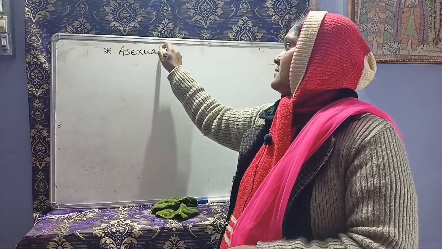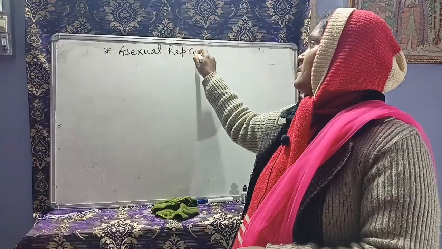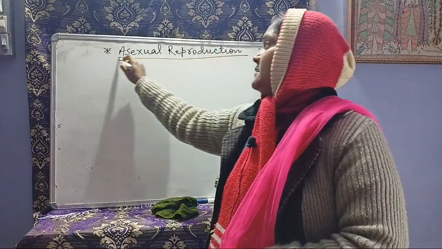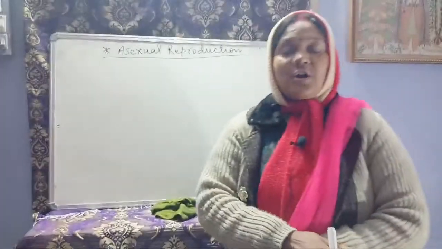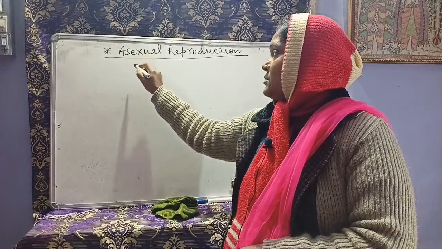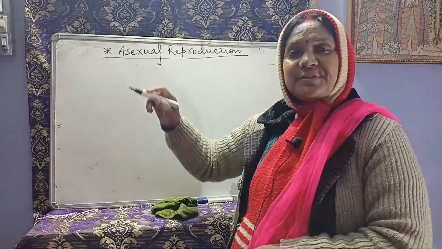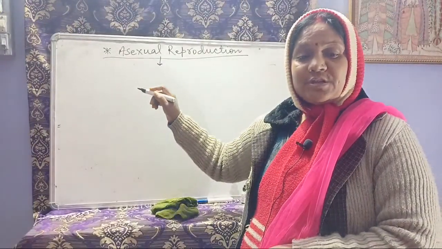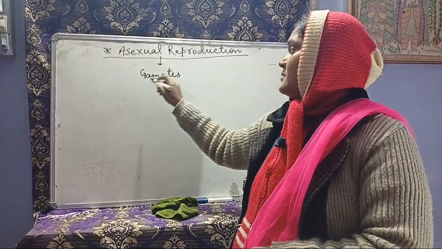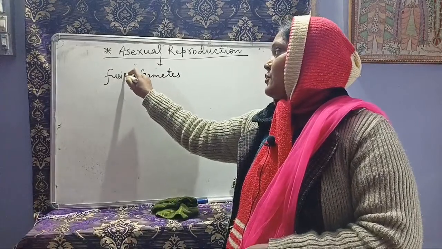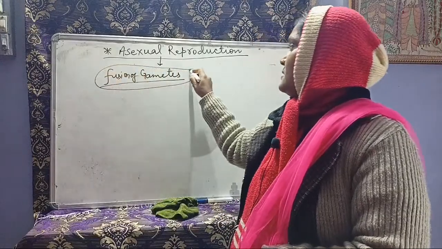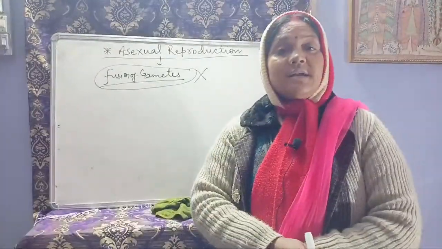Asexual reproduction. What is asexual reproduction, and write about characters of asexual reproduction. That reproduction in which fusion of gametes doesn't take place.